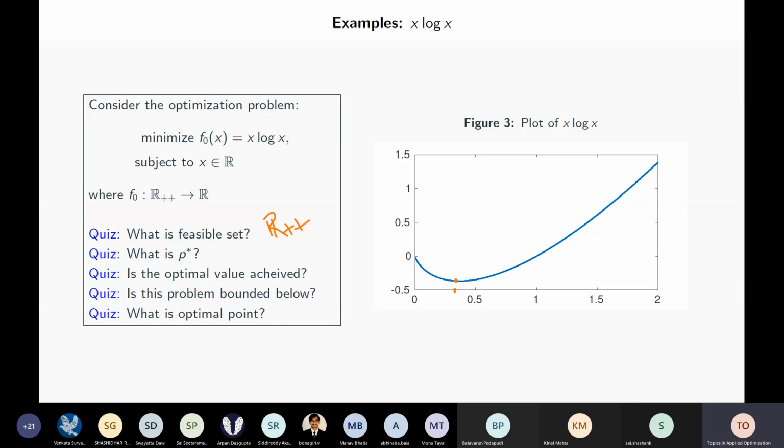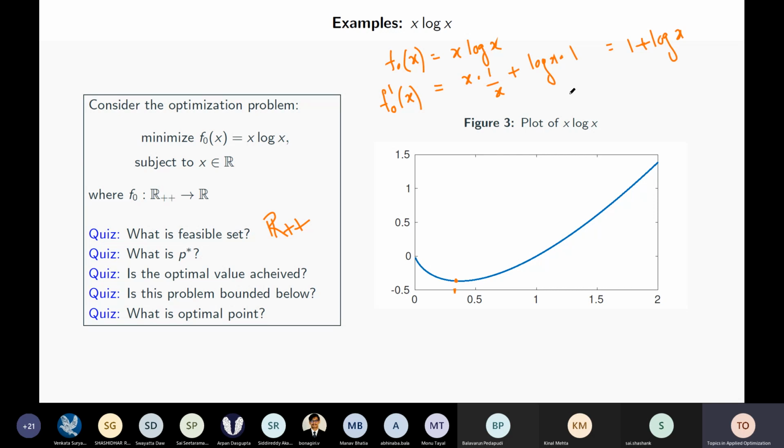Now we are supposed to solve this. To solve this, what do we need? Since this is real valued, we know how to find minima and maxima of this. So this is f naught prime x. The first step is to find the critical point. First function into differentiation of the second plus second function into differentiation of the first. So this is 1 plus log x.